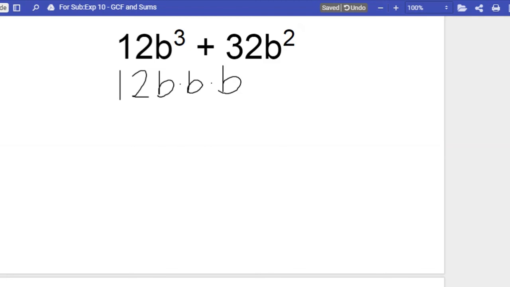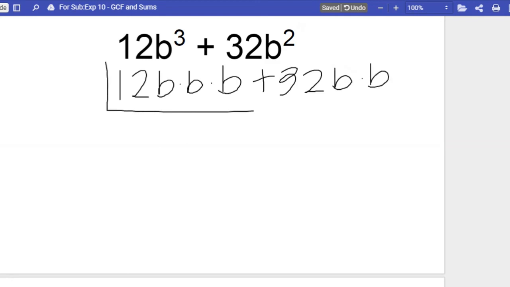Because there's 3 B's, plus 32B times B. Now I draw my ladder. So how many B's in common? Well, the 32 only has 2 B's, so I can take these two and I can take these two. Now, when I put them out front, I can't just write a B because I took 2 of them, so I have to put B squared.